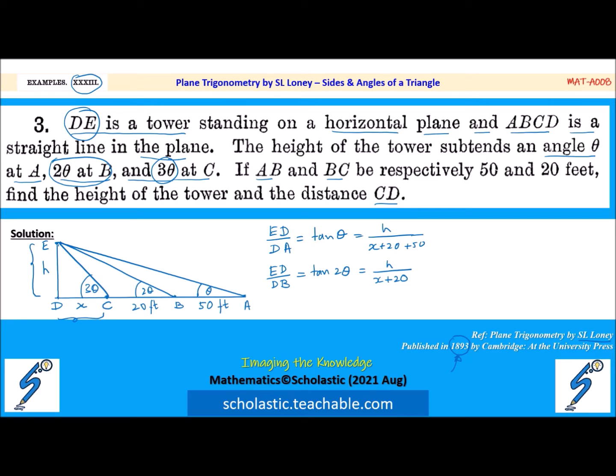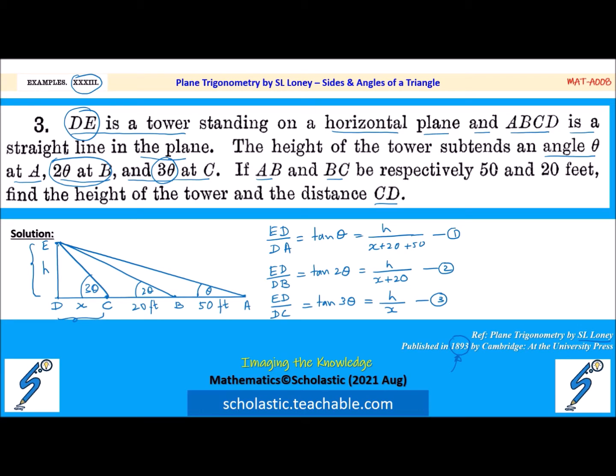And lastly, we have this one, EDC triangle, in which ED divided by DC is equal to tan 3 theta, which is equal to H divided by X. We have three equations now, 1, 2, and 3.